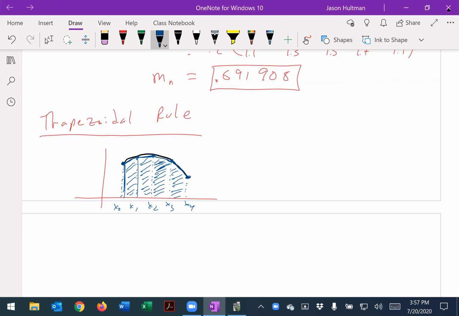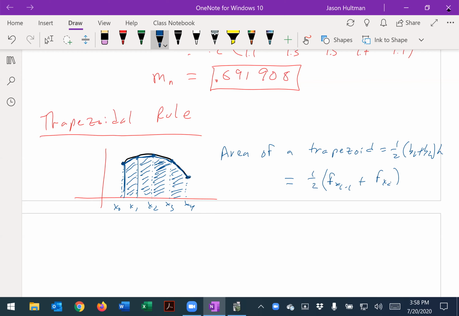We want the area of a trapezoid. The area of a trapezoid is equal to 1/2 base 1 plus base 2 times height. In our case, it's going to be equal to 1/2 f of x sub i minus 1 plus f of x sub i, times the height.